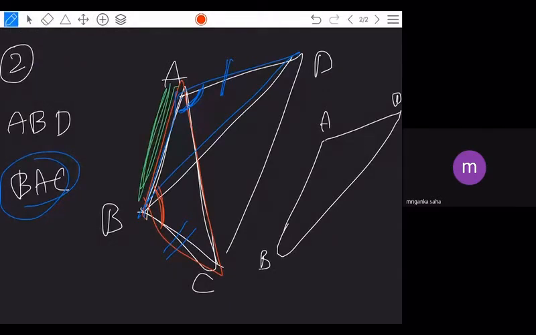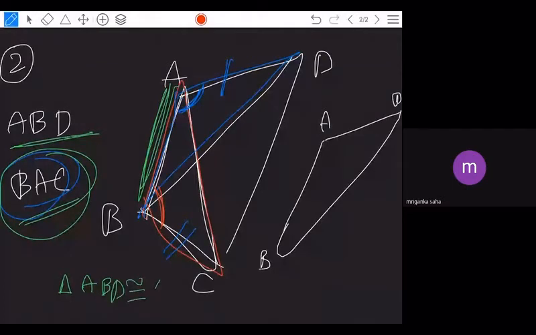So common side here. Again, SAS congruency. By the SAS congruency, you can say that the triangles are congruent. But do remember how you write the congruency of the triangles. इधर AB है, compulsory इधर भी AB आना है ना. Suppose you write AB equal to AB, सही है, but the other name, what is the triangle? C होना है.